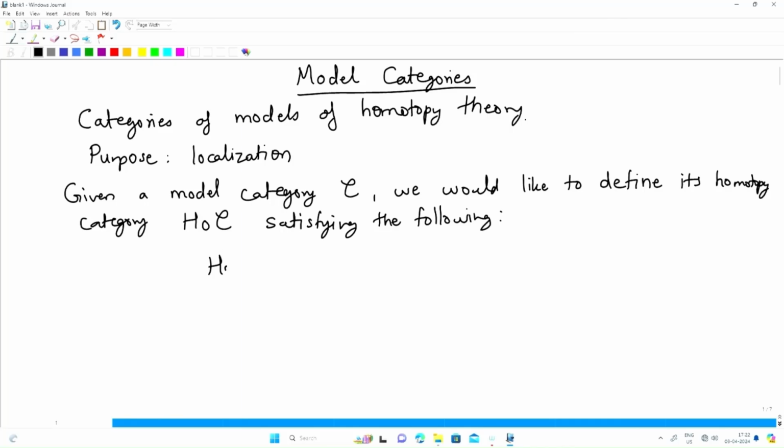So Ho(C), the homotopy category of C, if you take any two objects, the objects are going to be the same as usual. We do not really change the objects, but the morphisms can be thought of as morphisms in the original category C itself from some two different functors applied on these objects.